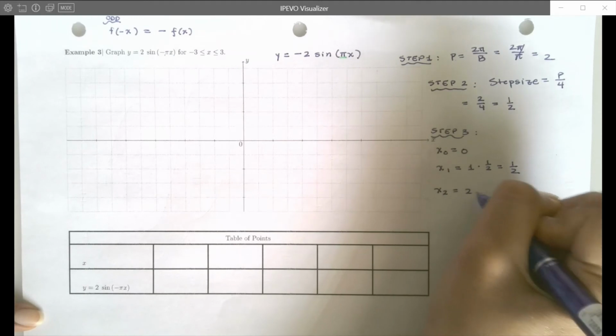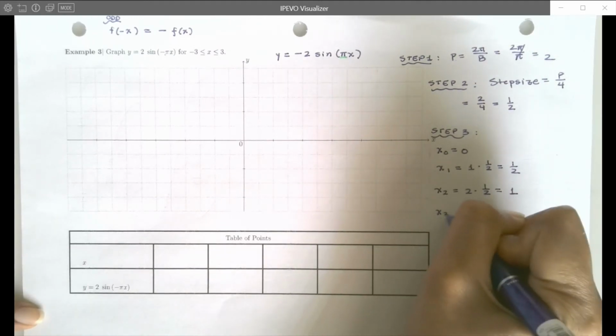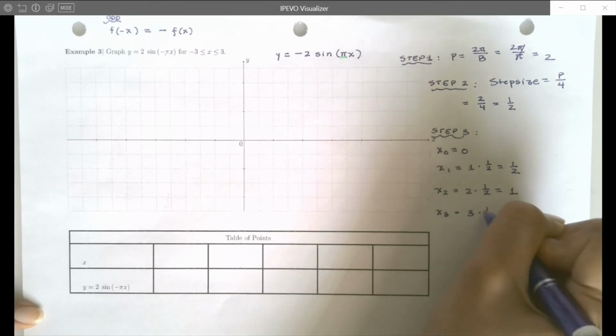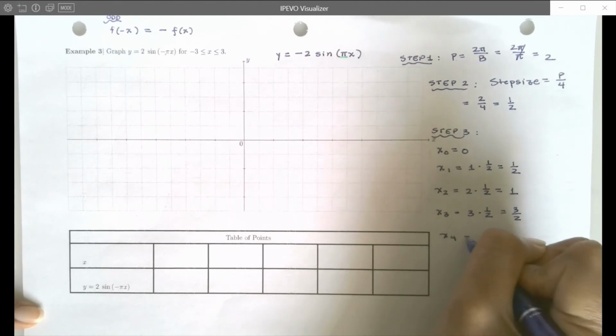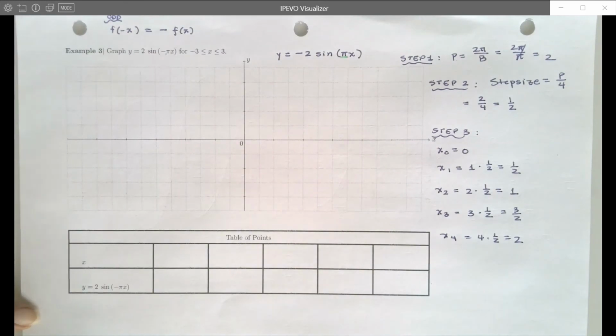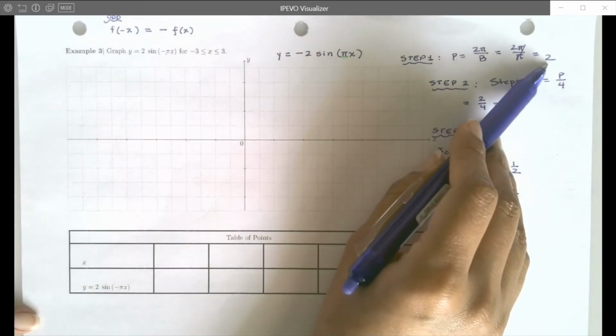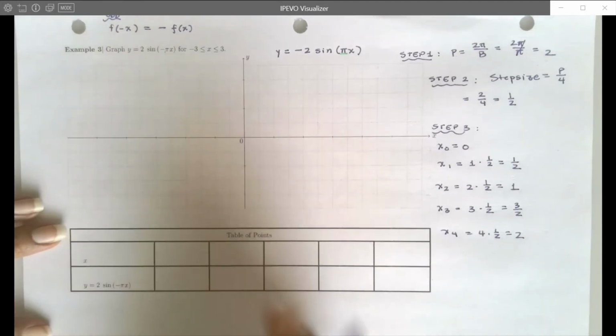Next x value will be 2 times 1/2, which is simply 1. Next x value will be 3 times 1/2, or 3/2. Last x value will be 4 times 1/2, which is going to give us a 2. Okay, so we're finding all of the quarters of the period. If the period is 2 and you divide it by 4, you're going to get each quarter happening at multiples of 1/2.